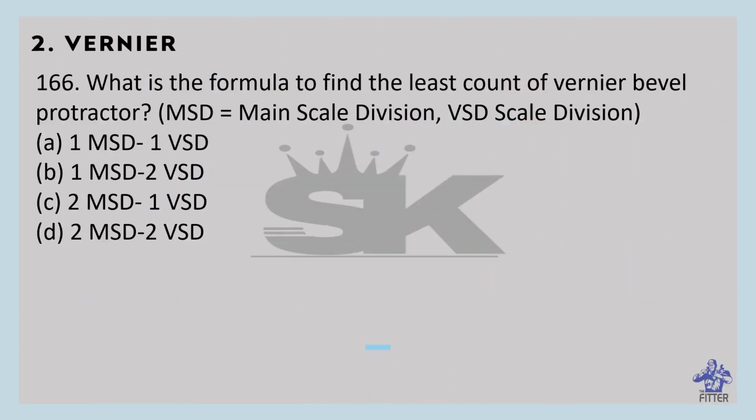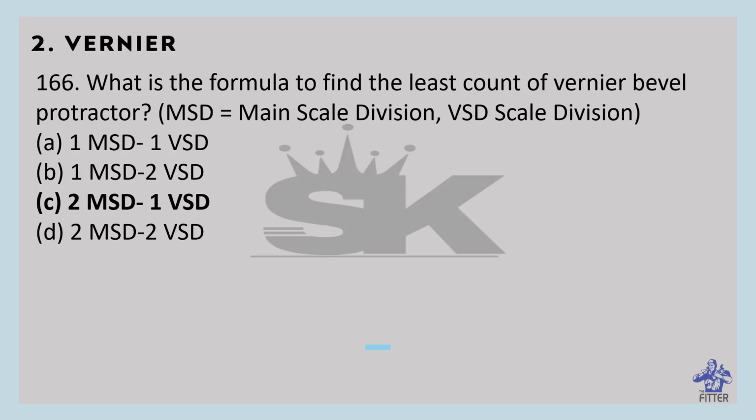What is the formula to find the least count of a vernier bevel protractor? So that is option C. Okay, 2 times the main scale division minus 1 VSD, that is vernier scale division. Okay.